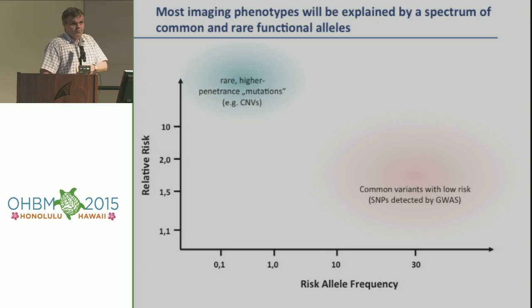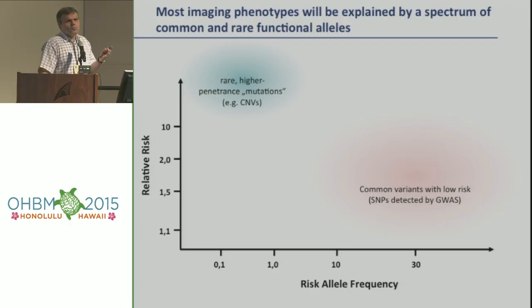We will later hear about the ENIGMA study, which is a prominent example of SNP association testing for a brain imaging phenotype. And then people have tested these CNVs because they were readily testable using these SNP chips. That was also very convenient.